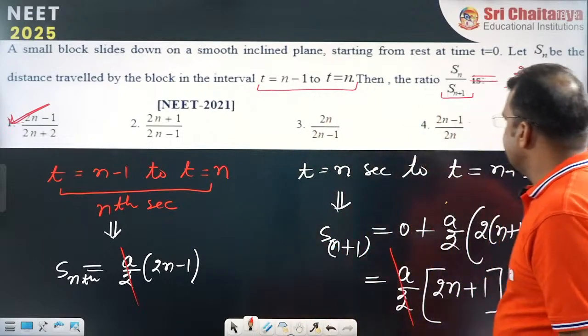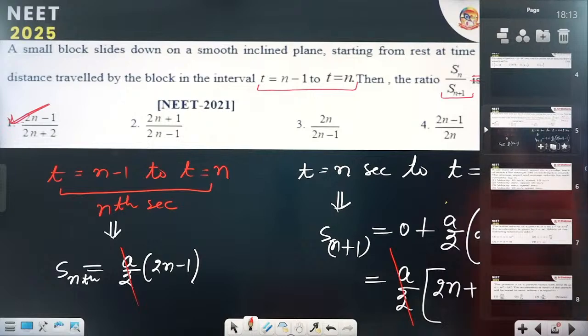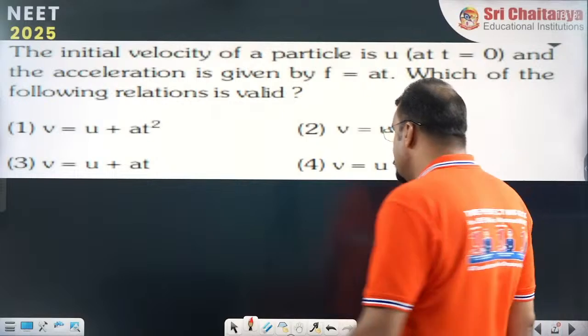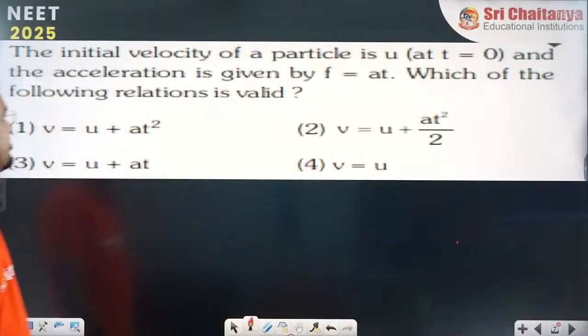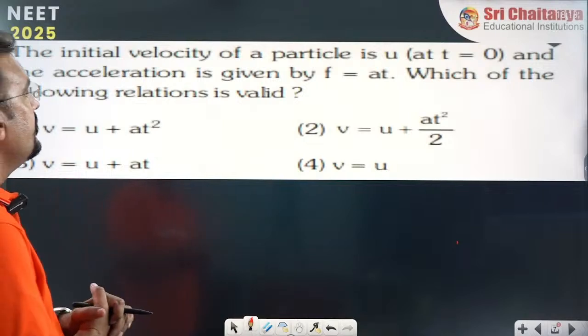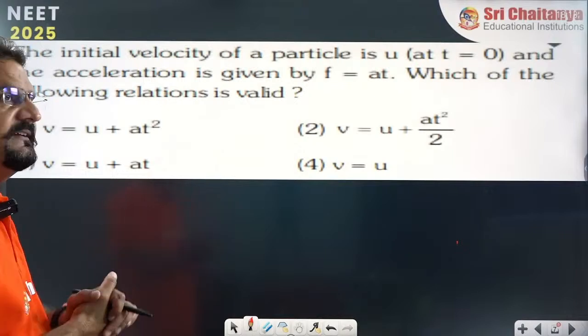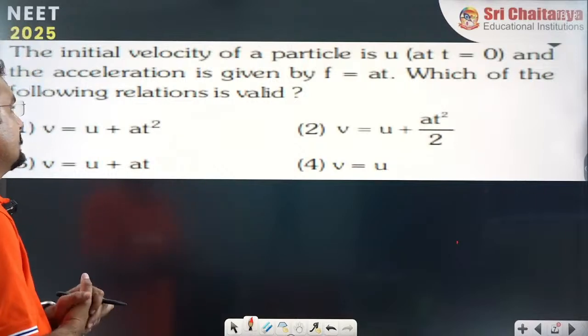Okay, I think this is clear to all of you. Let us move forward, and take this example. This is also a NEET-specific style of asking the question. What is given? The initial velocity of the particle is u at t equal to 0, and the acceleration is given as equal to at, where a is constant.